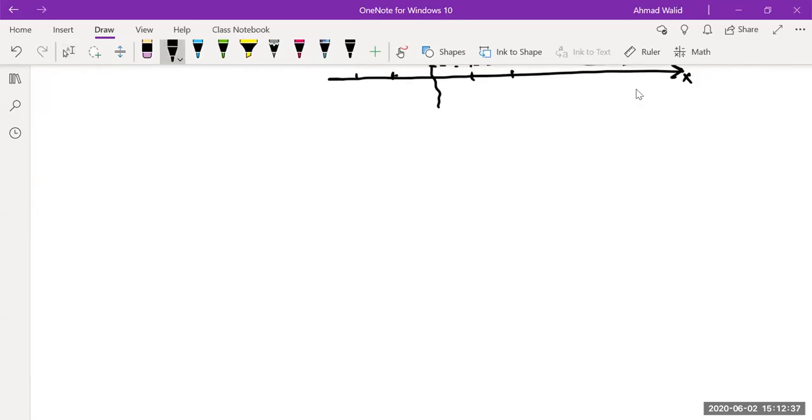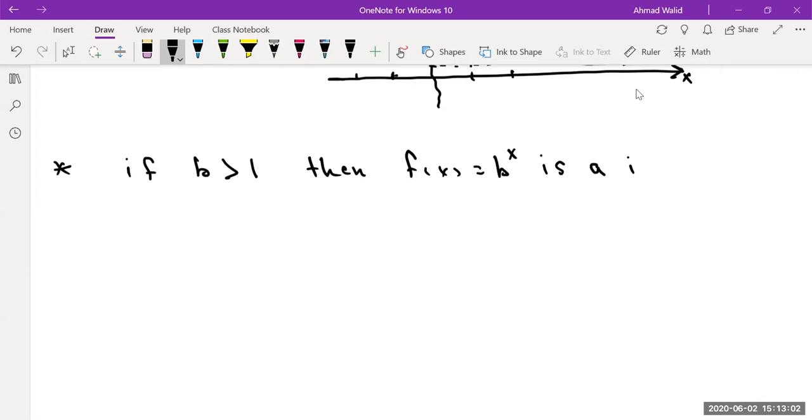Note number 2. If b is greater than 1, in this case, f of x equals b to the power of x is an increasing function.